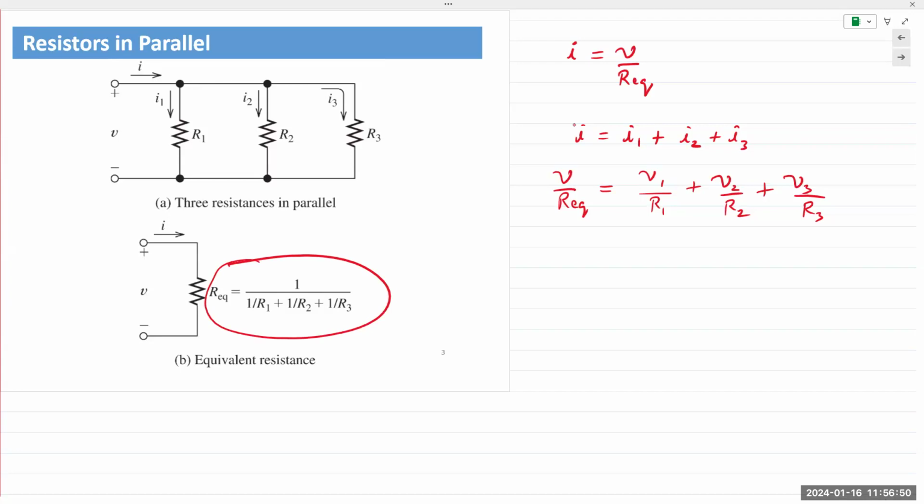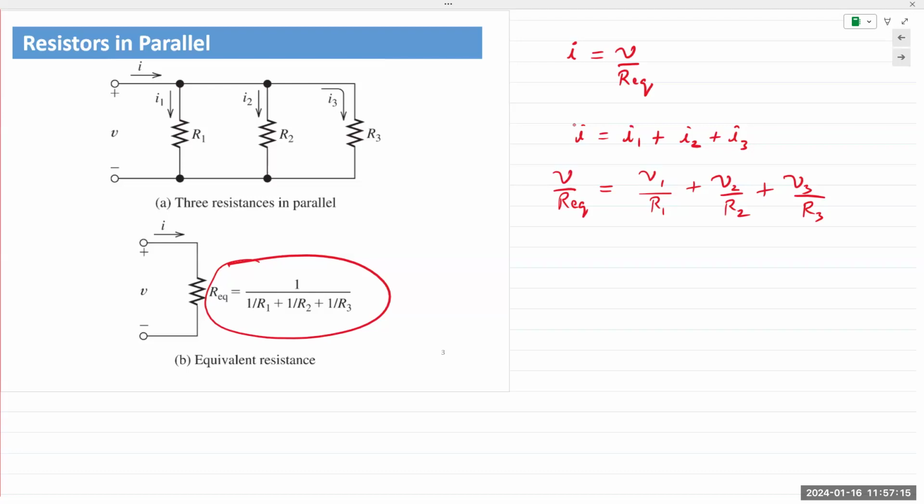All right, questions? And again, as I said, derivation is not important. I don't expect you to memorize it, but I do expect you to remember the end result and be able to apply. More importantly, be able to apply. You can have this on your equation sheet. That is absolutely fine for series and parallel connections.